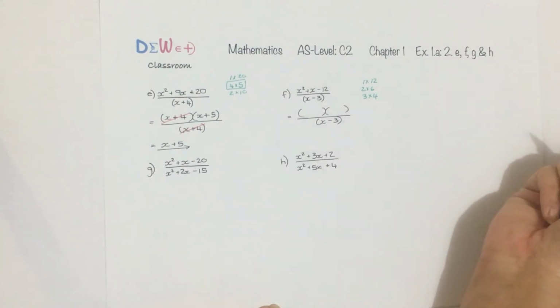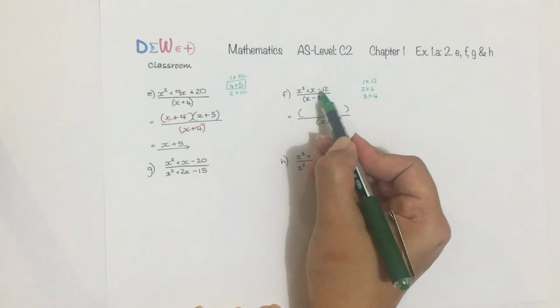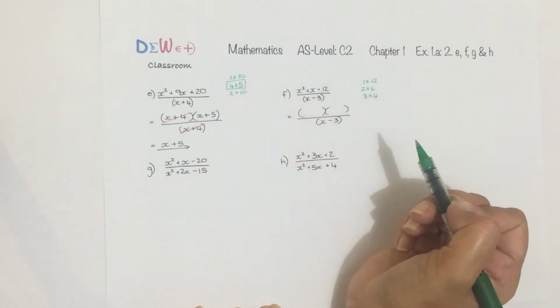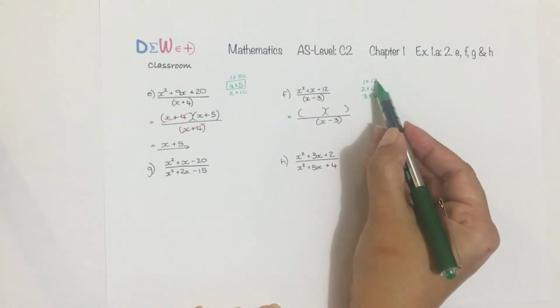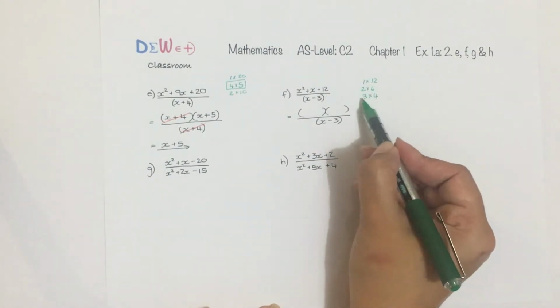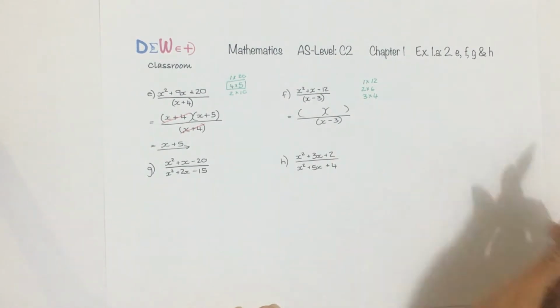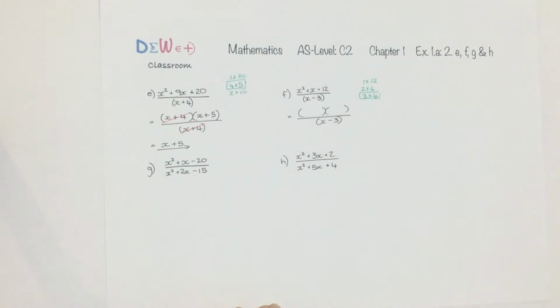Right, there's our factors of 12. And now which of these, if we subtract them from one another, will give us a positive 1. So 12 minus 1 will give us 11, 6 minus 2 will give us 4, but 4 minus 3 will give us 1.